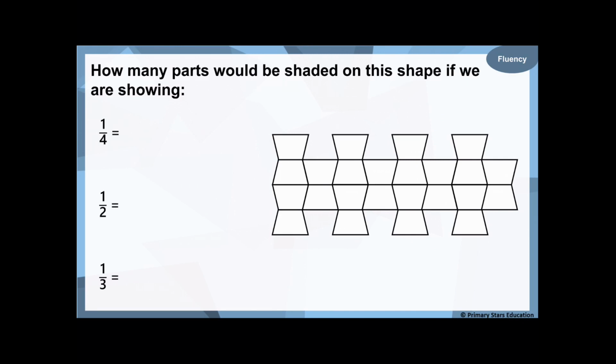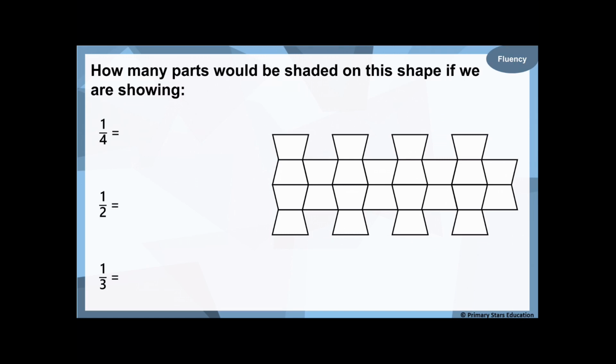Now look at this next picture. How many parts would be shaded on this shape if you were to be showing 1/4? Then look at 1/2. And finally think, if you were going to share and put it into thirds, how much would you colour for 1/3 of that picture?